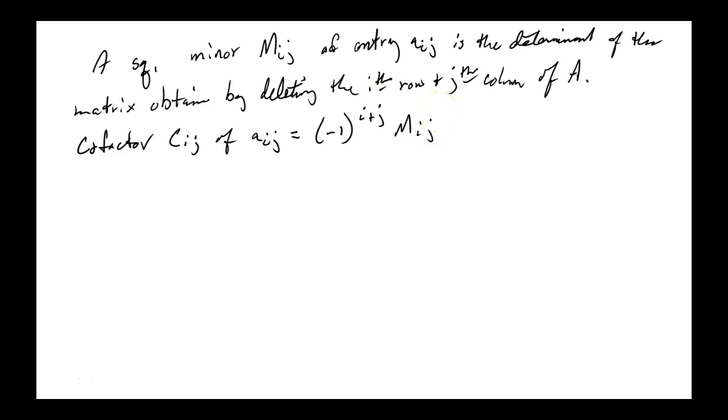Now remember, the minor is a determinant. It's the determinant of a smaller matrix. The smaller matrix you come by eliminating the ith row and the jth column of A.